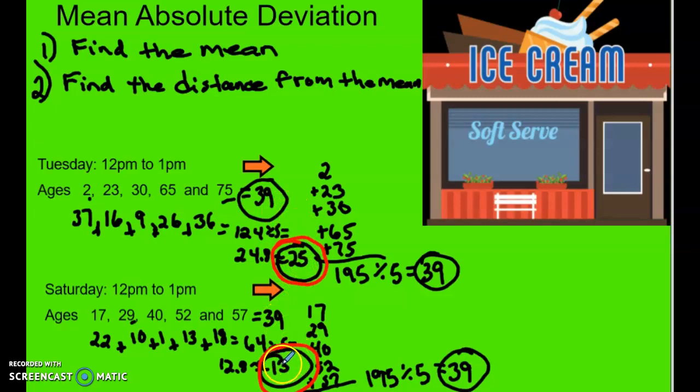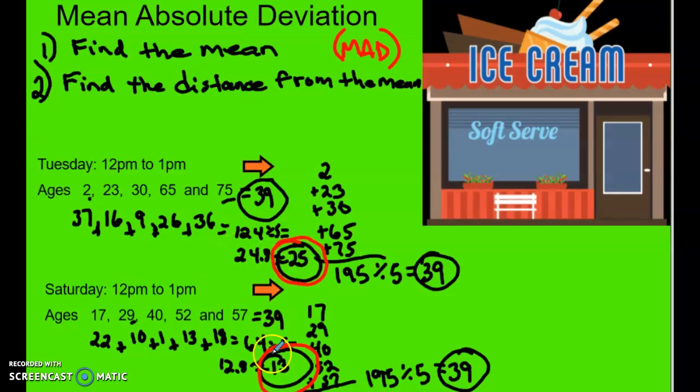There was a big variation between the mean absolute deviations, or we'll call it the MAD. I forgot to mention that that's how we symbolize mean absolute deviation. Just a quicker way of saying it. The MAD, finding the MAD of the numbers.